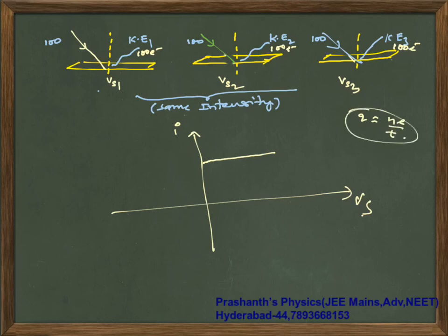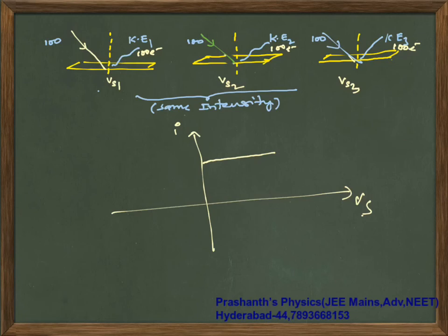In 1 second, as many photons as are striking, that many electrons are coming out. Because I have kept the intensity the same, your photocurrent will be the same.